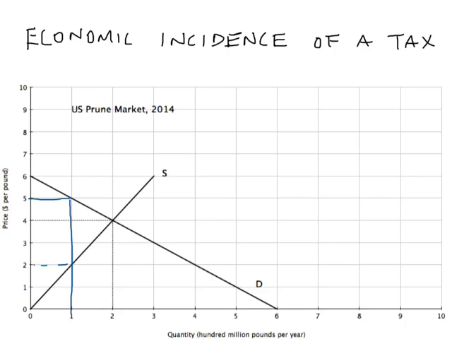We refer to economic incidence as answering the question, who pays what share of the tax? We usually express this in percentage terms. Sometimes you might express it in dollars division of the tax.